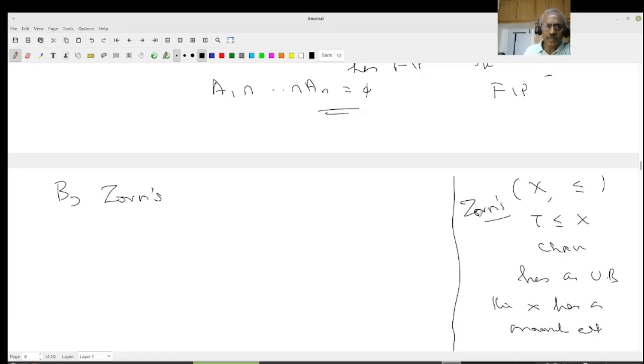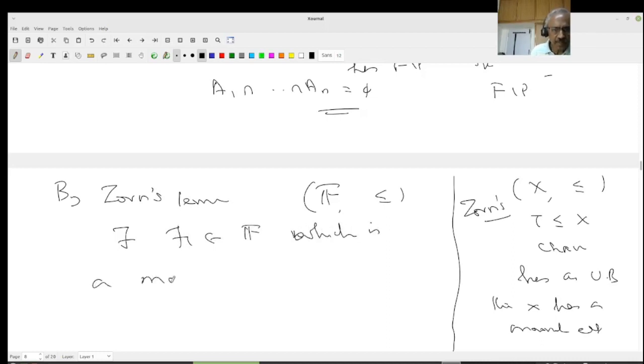Now I am going to apply Zorn's lemma to this script F, which is a partially ordered set. And what did I prove? Every chain has an upper bound. Therefore, by Zorn's lemma, there exists a maximal element in this.